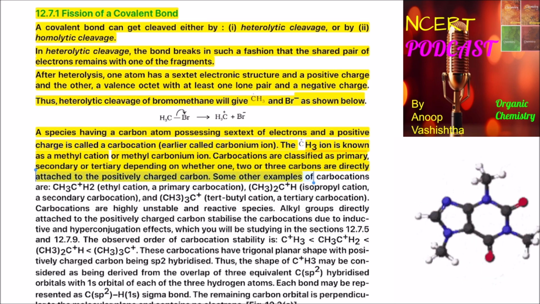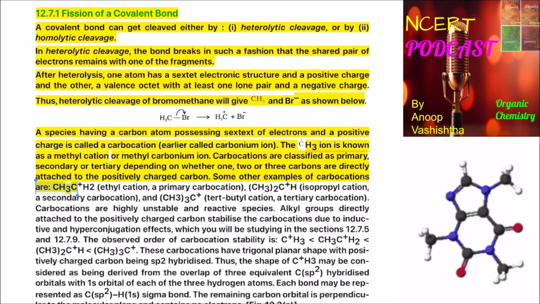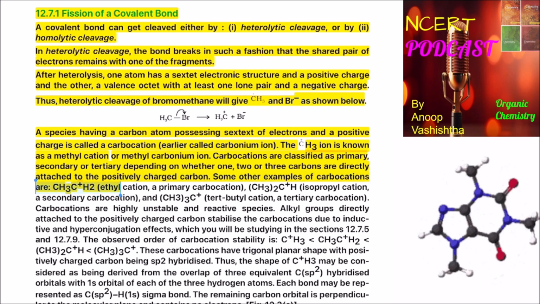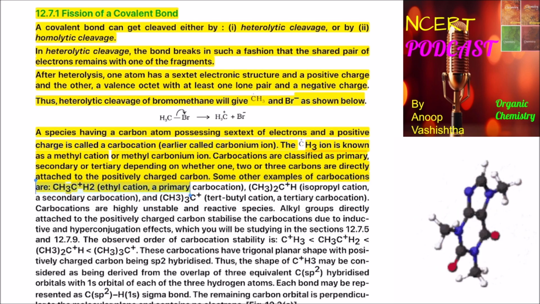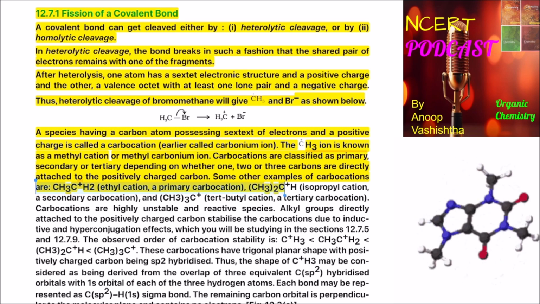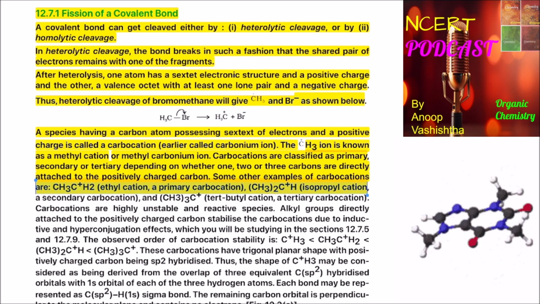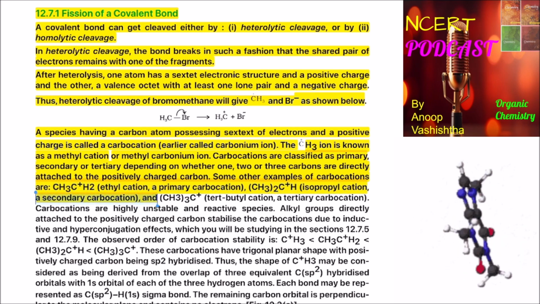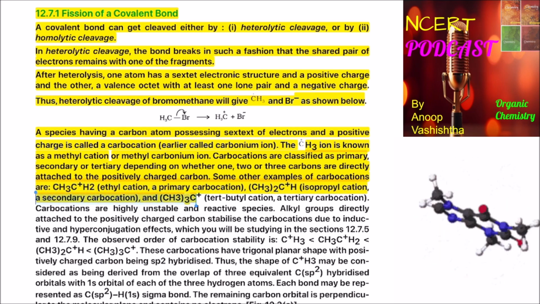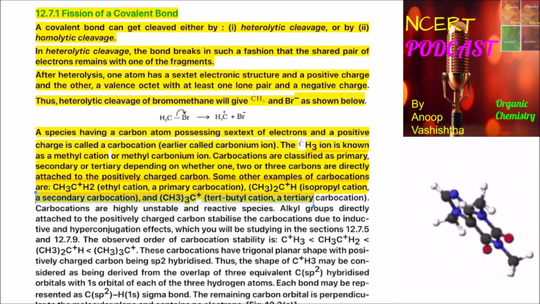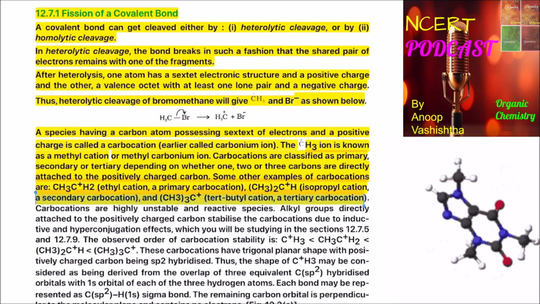Some other examples are CH3CH2+, ethyl cation, a primary carbocation; (CH3)2CH+, isopropyl cation, a secondary carbocation; and (CH3)3C+, tertiary butyl cation or tertiary carbocation.